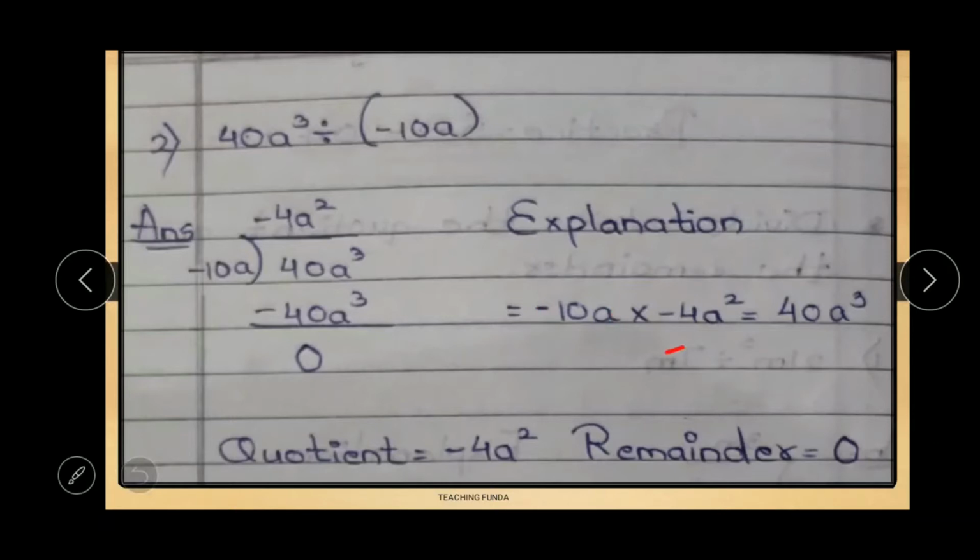So here 4 will come definitely. Now next one will move towards a. Now here 1a is there and here 3a means a cube has been asked. So here what will come? A square, because here 1a and here a square means 2a, so it makes a cube.